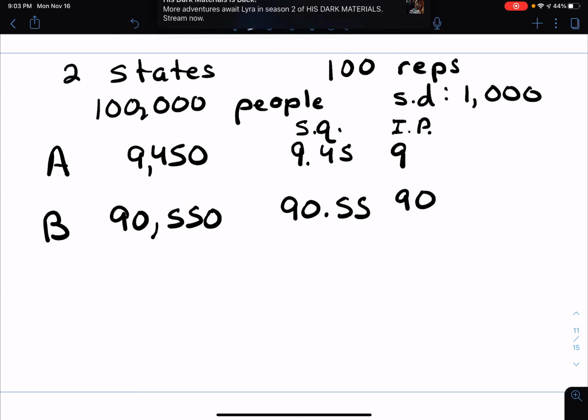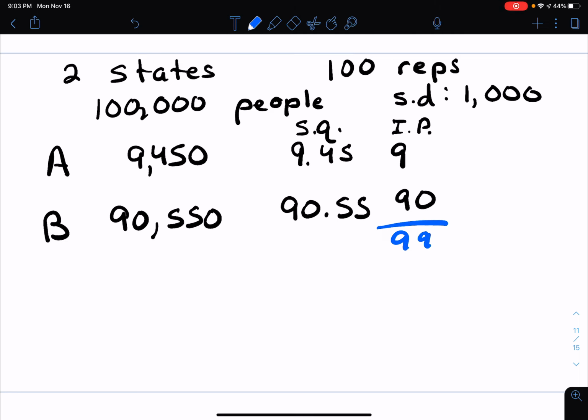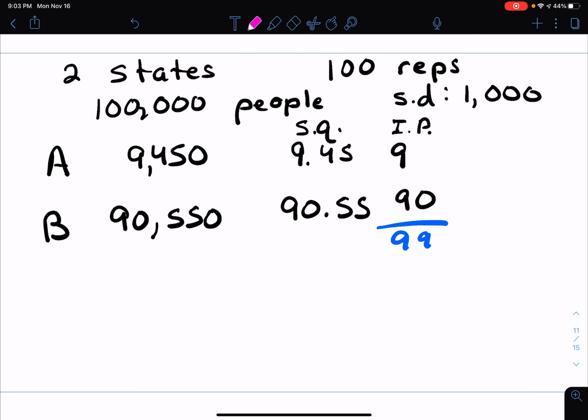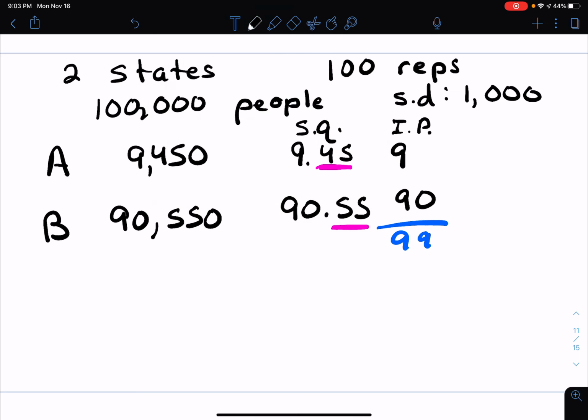This adds up to 99. So these decimal parts, we need 100 seats handed out. Looks like State B gets the extra. So the Hamilton's apportionment here is 9 for State A and 91 for State B.